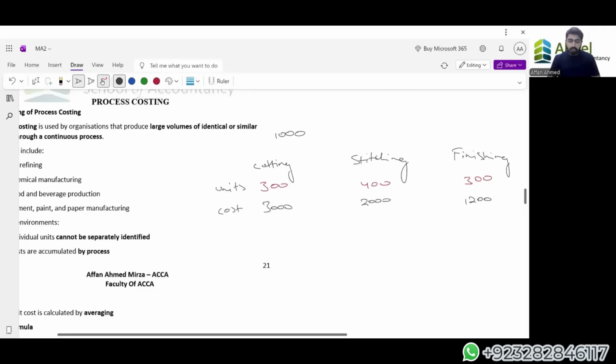What we can do is identify the cost per unit if we divide all of these by the number of units produced. The cost of the total process divided by the number of units produced in that process gives us the cost per unit for the process. So 3000 divided by 300 gives me 10.